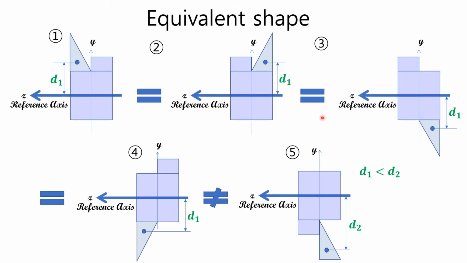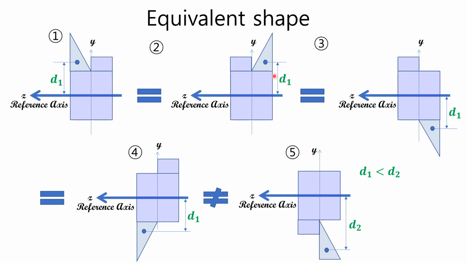Pictures on the screen show the equivalent shapes for second moment of area. All the pictures from the first to the fourth have the same second moment of area because the first is symmetric with the second about the vertical axis, and the square shapes of the first are identical, and the triangle is symmetric with the fourth about the horizontal axis.